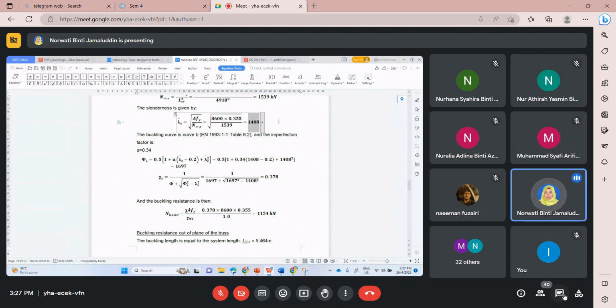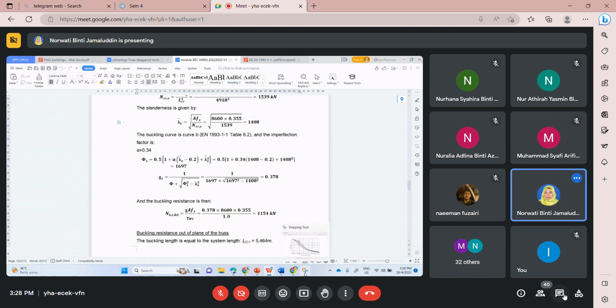This one is also wrong. Okay, berapa? 1 point... Square root 1408, 37. 37? Tak mungkin ni.